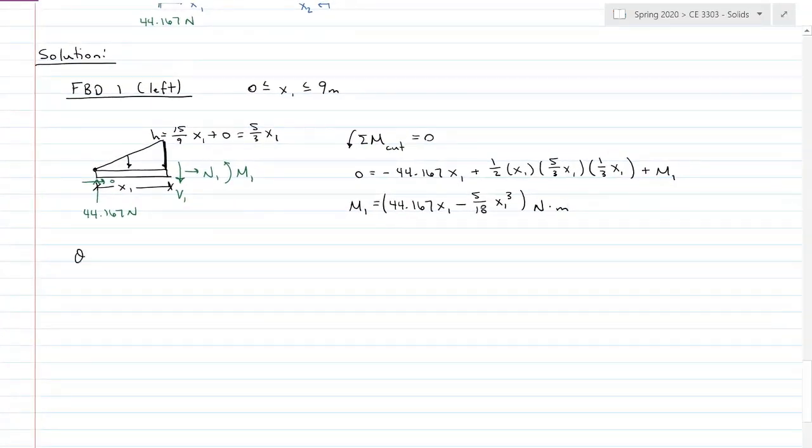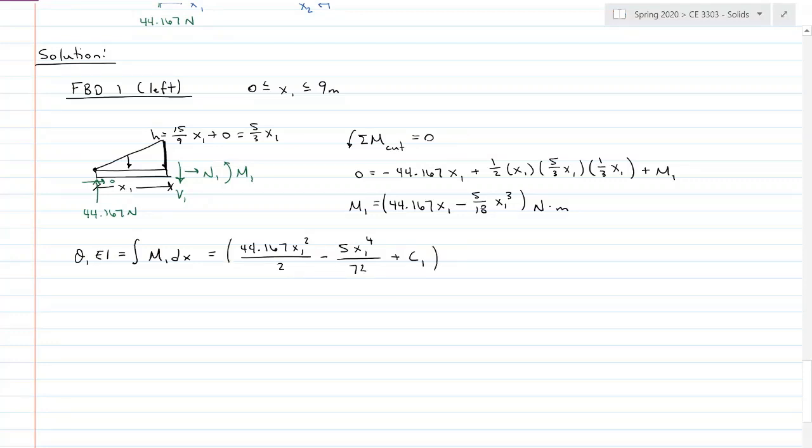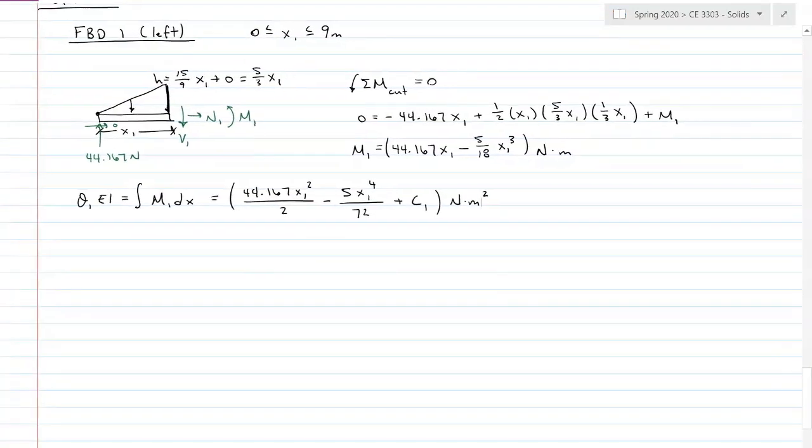All right, slope times EI is equal to the integral of my moment. So that's going to equal 44.167 x1 squared divided by 2 minus 5 x1 to the 4th divided by 72 plus my constant of integration c1. And we've increased my x value, so that means we are now at Newton meters squared for the units on this side.